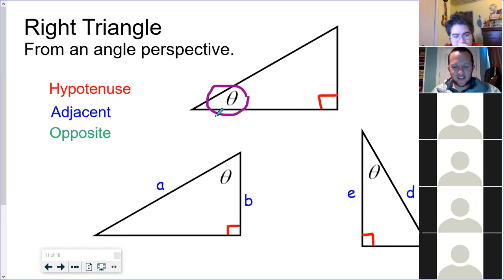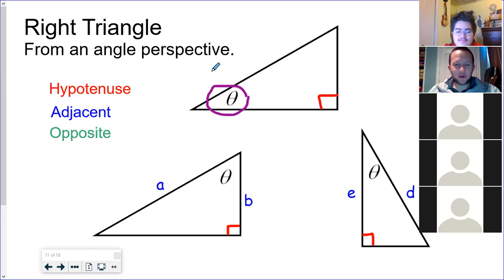Theta. Good job, random person. It is theta. I don't know who said that, but good job. If you're like, how do you even spell that? I'm sorry, drawing with my mouse is not pretty. So there is a theta. Yes, that's how you spell it.